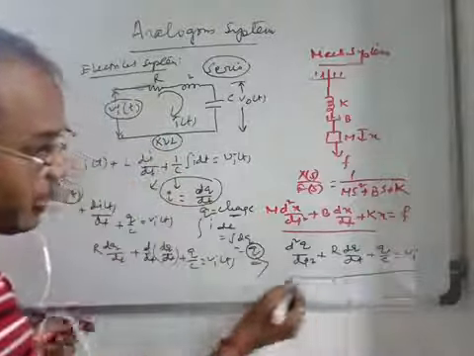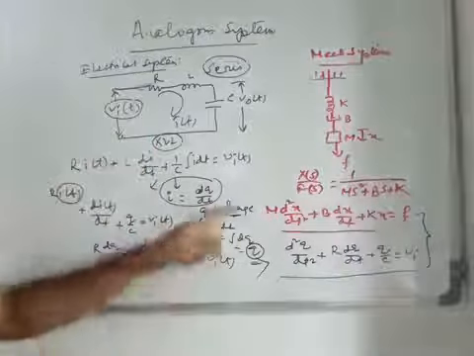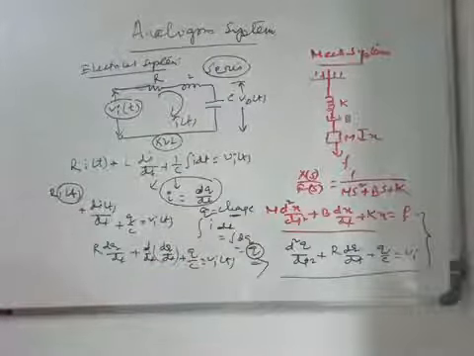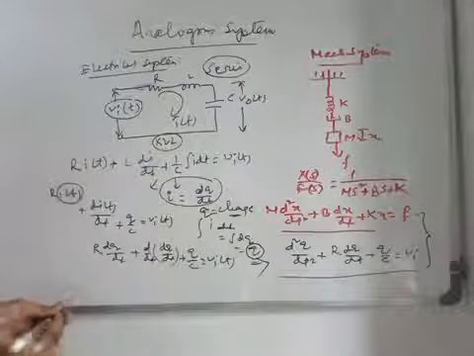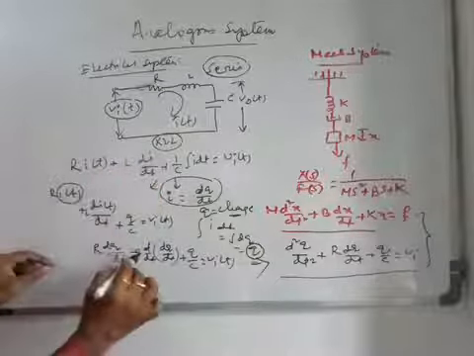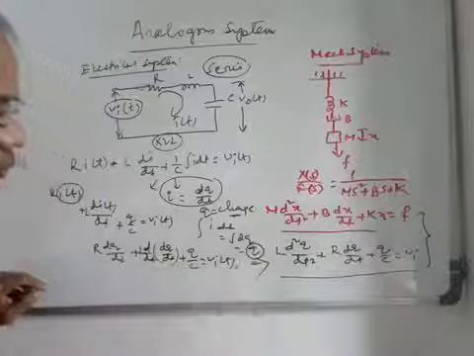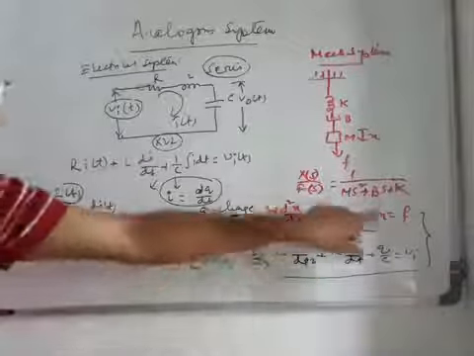So you see, these are the two equations. Is there any similarity? Sorry, I missed something: this is L di/dt, so this will be L, this will be L. So you see the similarity.